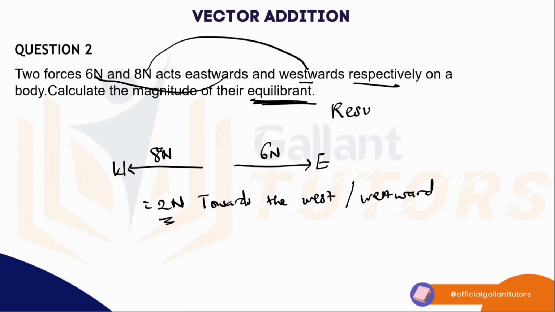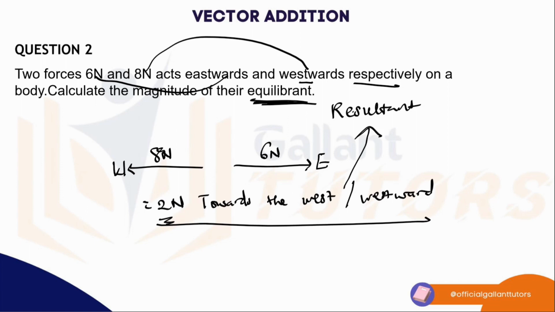Equilibrant, not resultant. Now, equilibrant and resultant are more or less like brothers, right? They are almost the same thing, but they differ in something, right? They differ in direction. Like now, this answer I just gave you is for the resultant, right?